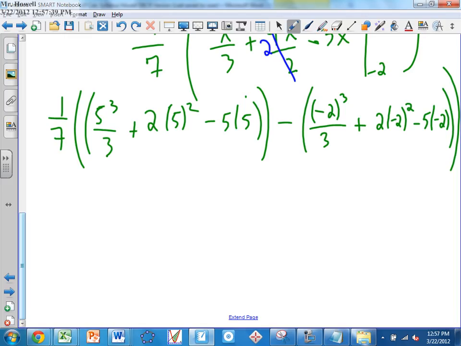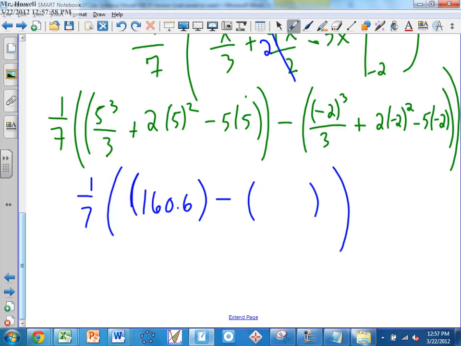A lot of you make mistakes with the calculator, so it's about practicing in class. First one is 160.6? Did you do it by hand?